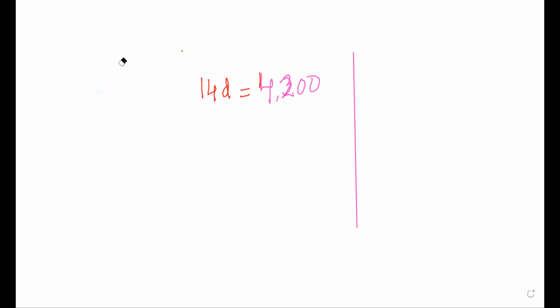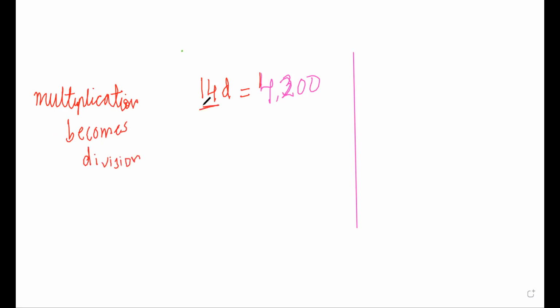Now let me show you the new rule. Remember that multiplication becomes division. I will show you how. This 14 will always come down when it is coming to the other house. It was multiplication, and I will write D alone with red color.